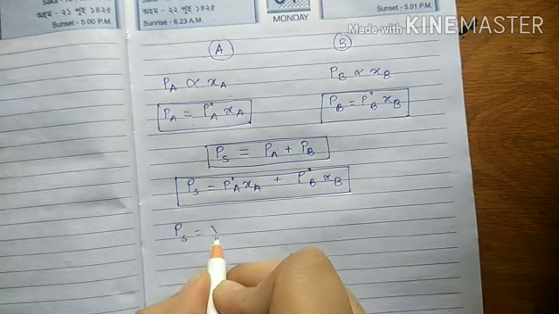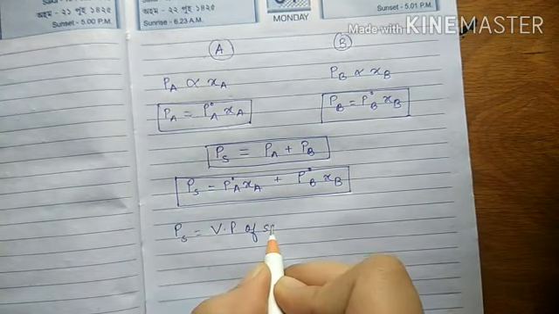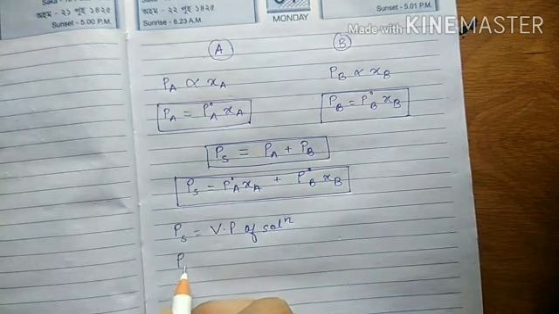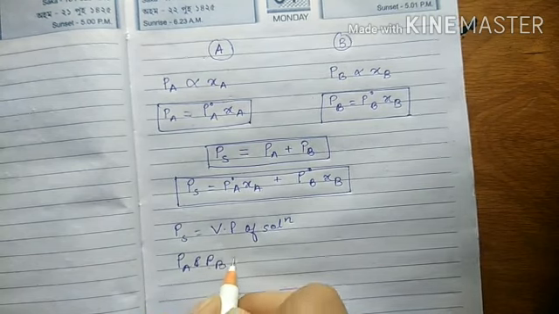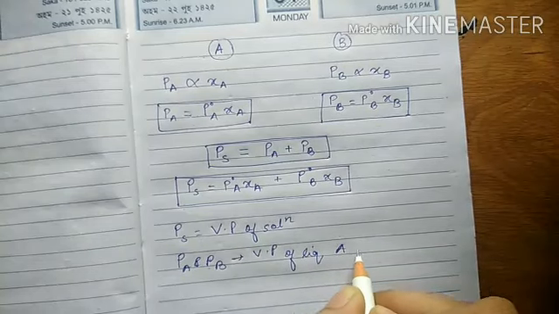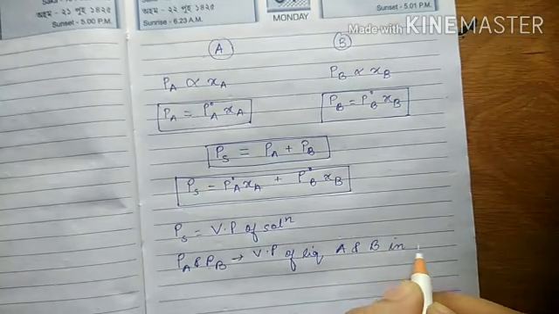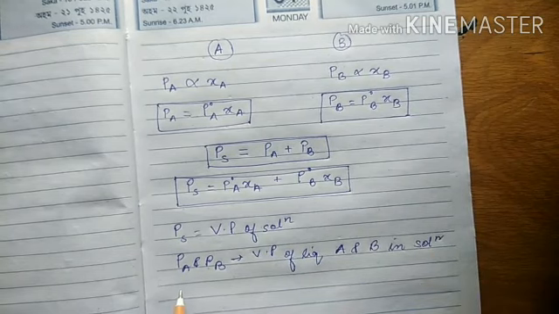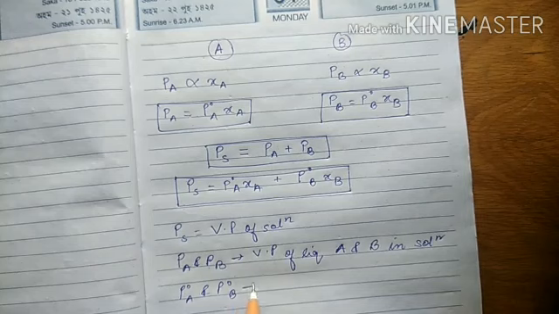PS is the vapor pressure of solution. PA and PB are the vapor pressure of liquid A and B in solution. P naught A and P naught B, yes, this we need to know.